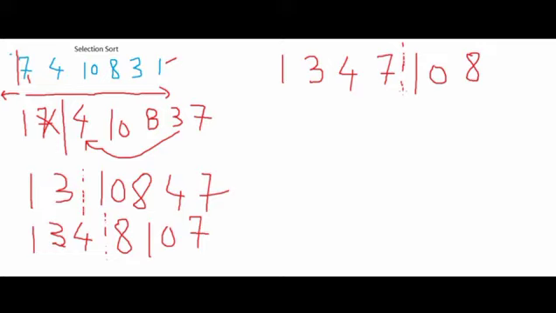So again we have to take a look at our unsorted subarray list and look for the minimum element and switch it with the first element of the unsorted subarray list. So here we are having 8 as the minimum element and the first element of the unsorted subarray list is 10, so we have to switch them both and our array will become 1, 3, 4, 7, 8 and 10.